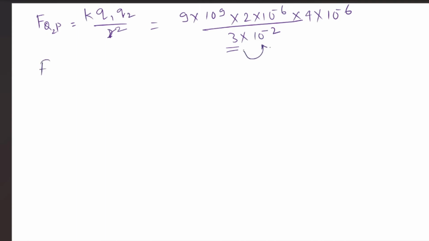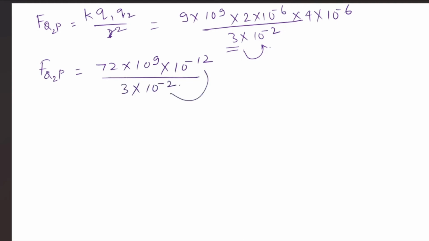So what I will get here, F Q2P is equal to 9 multiplied by 2, we will get 18, and 18 times 4, we can get here 72. So 72 into 10 power 9 into 10 power minus 12, like the last step, divided by 3 into 10 power minus 2.